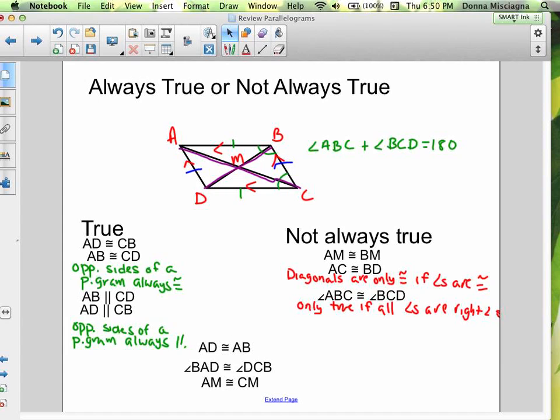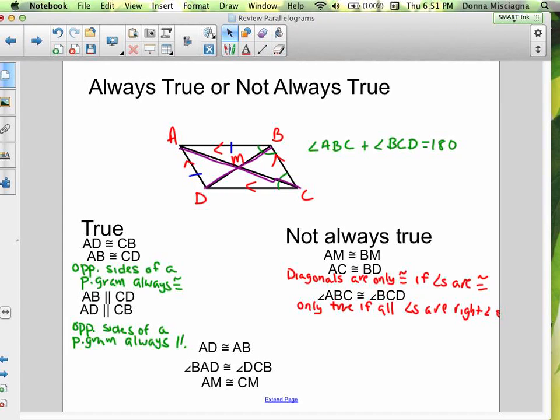AD, so that's this one here. So let me get rid of these lines. You won't know which side I'm talking about. You get them all mixed up here, all those lines. AD, which is this one, congruent to AB. Well, those sides don't even look congruent.